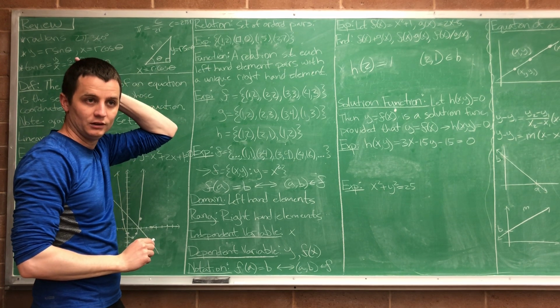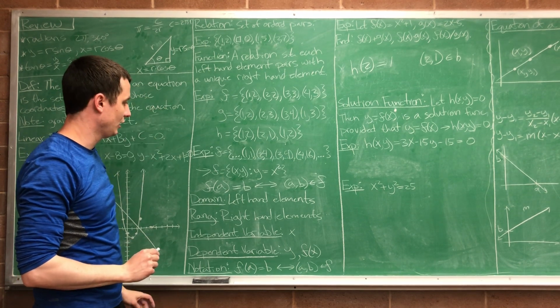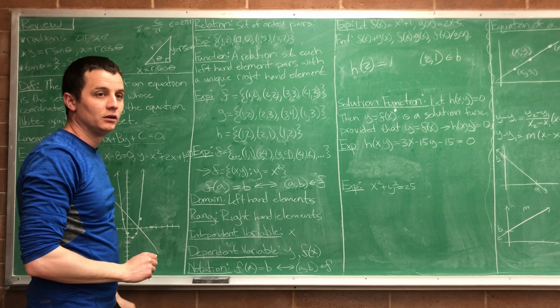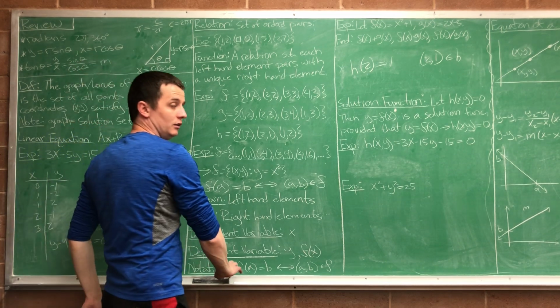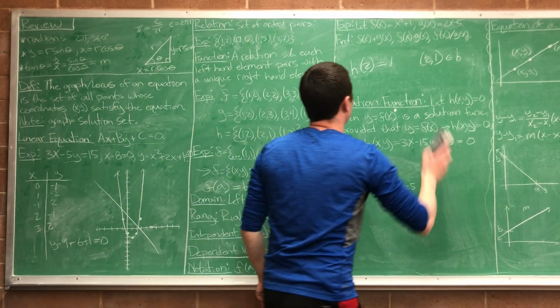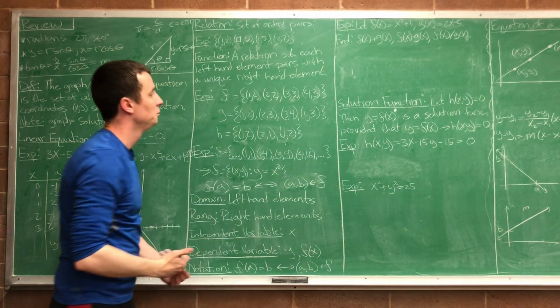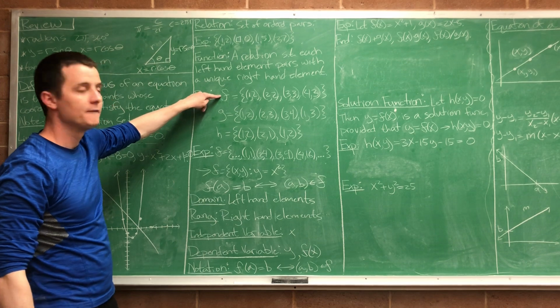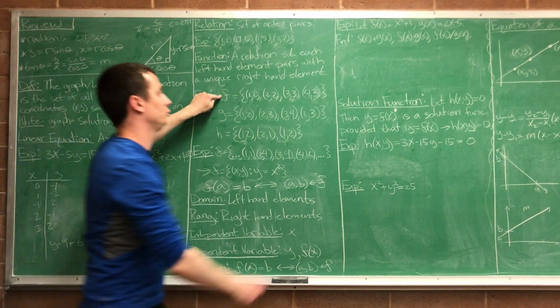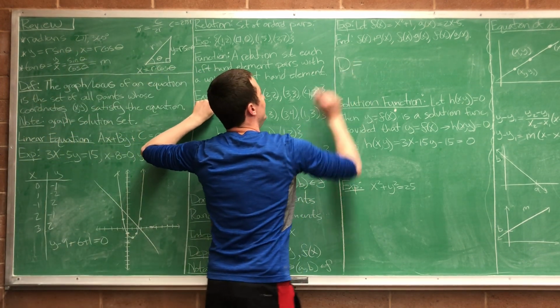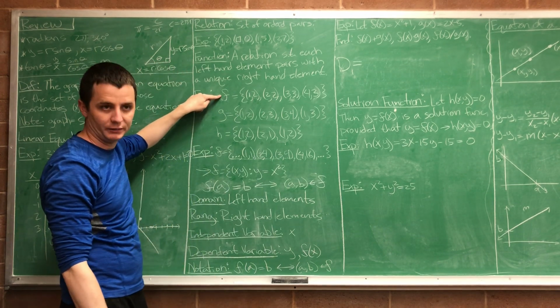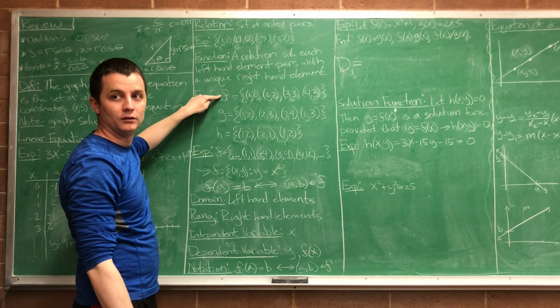Does this make sense? More examples, or you think you got it? All right. Let's move on then to domain and range. Pick some function, like f. The domain of f, which we usually represent with capital D, is the set of all left-hand elements.